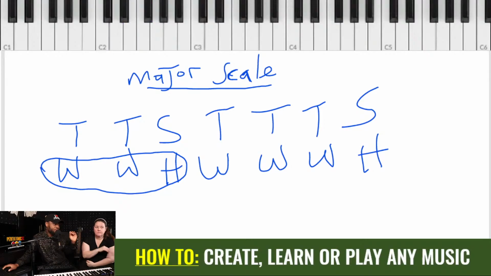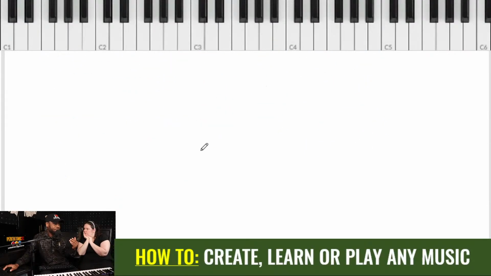So we've successfully gotten into the next stage, right? We've successfully gone into the next stage. So the next stage now will be understanding intervals.